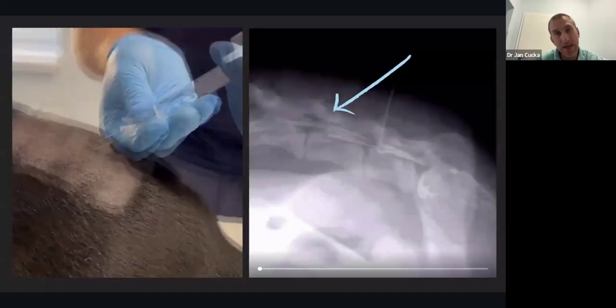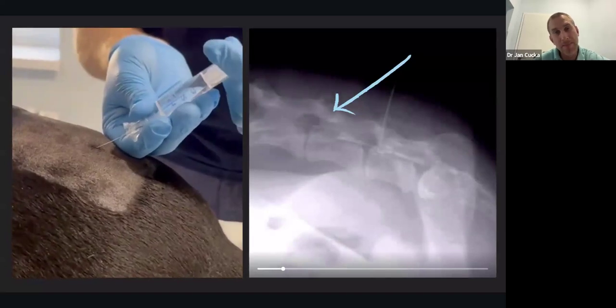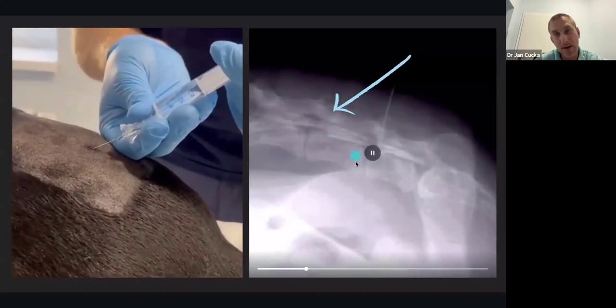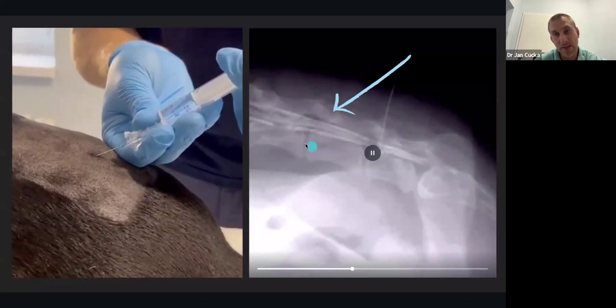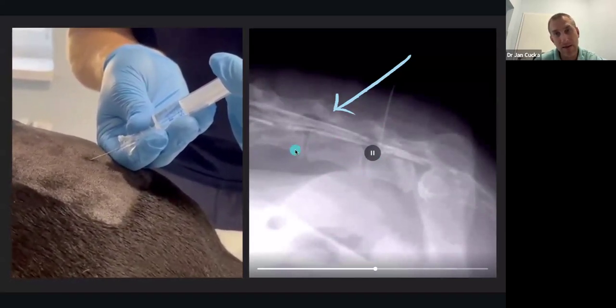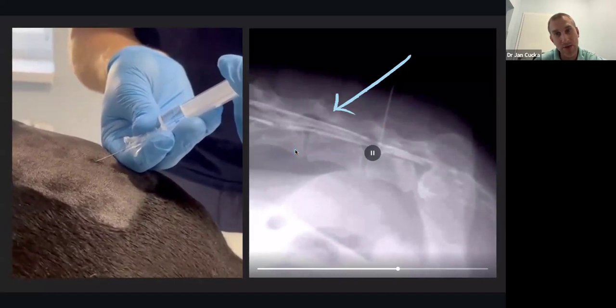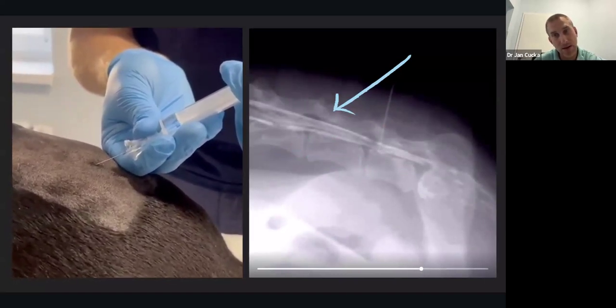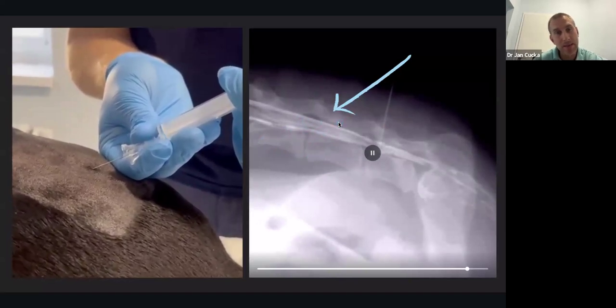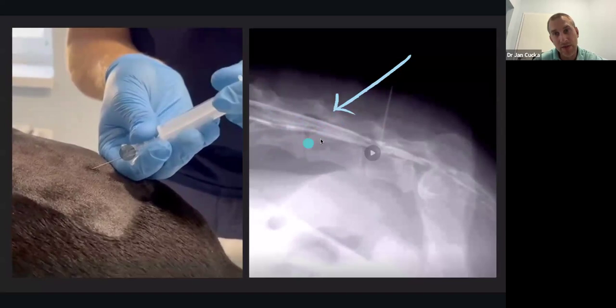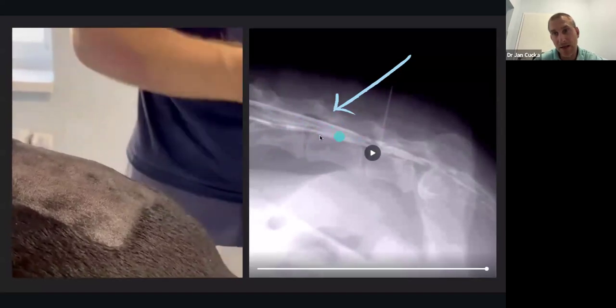On the next slide, there is the same part, but I changed the colors of the fluoro. So I think it's a nice demonstration of that area which we are filling. You can see the syringe with the contrast medium, and there is a needle, and here's the contrast medium in the spinal channel.